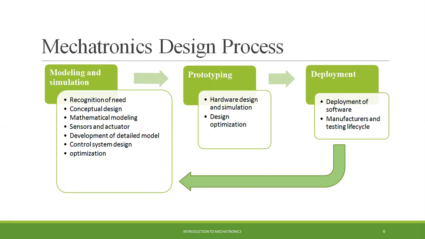If the prototype design and simulation are up to the mark after considering optimization, then we move on to the development of software, manufacturing, and the testing lifecycle. If testing is done and the design parameters are within the limitations, it moves to manufacturing, or else the considerations need to be changed.